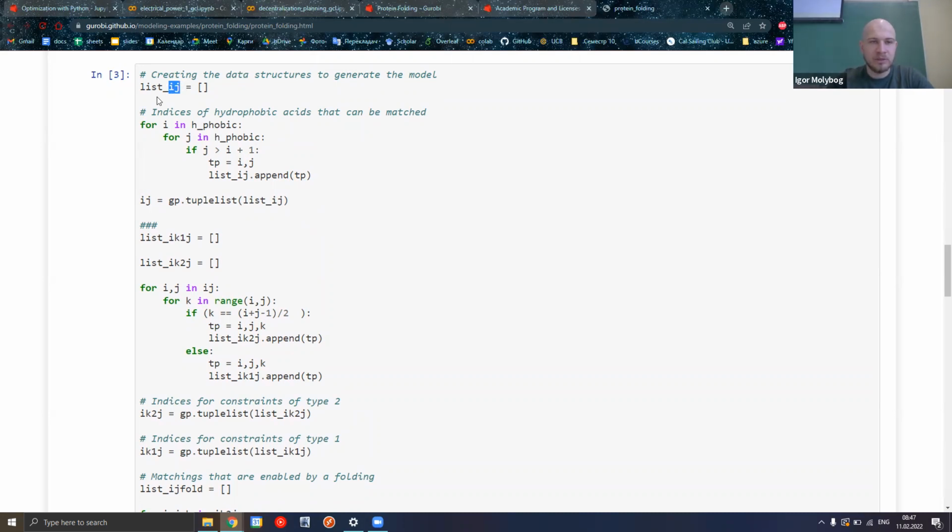So this is going to be a list of pairs of I and j such that on the ith and on the jth location there is a hydrophobic acid. How to fill it up? So basically, first you make sure that you do not account for those hydrophobic acids that go one after the other.